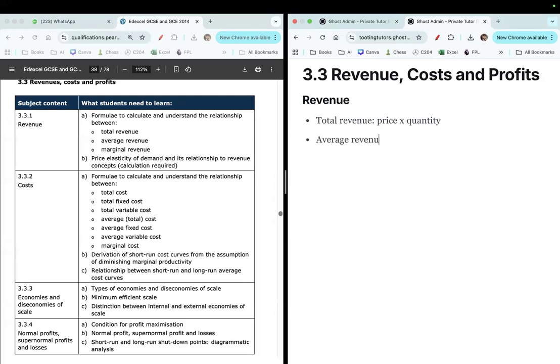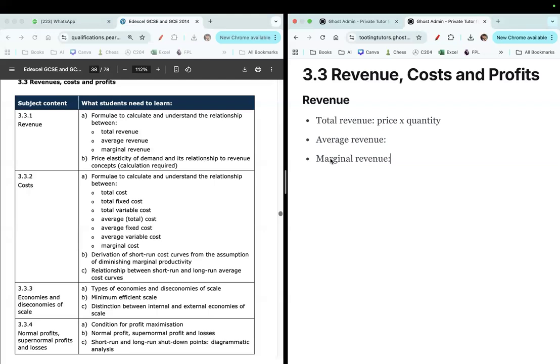Average revenue, I'll come to in a second, and marginal revenue. So in economics, we look at the margin a lot. So marginal just means for one extra unit. So for example, if a company is making 10 chairs right now, then marginal revenue would be how much extra revenue the 11th chair would make.